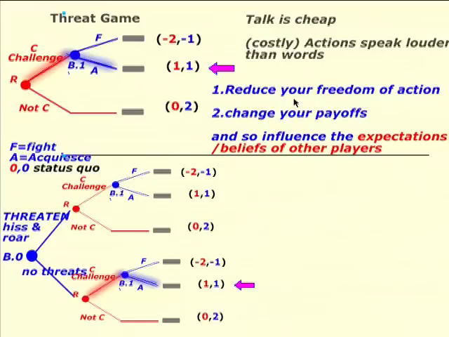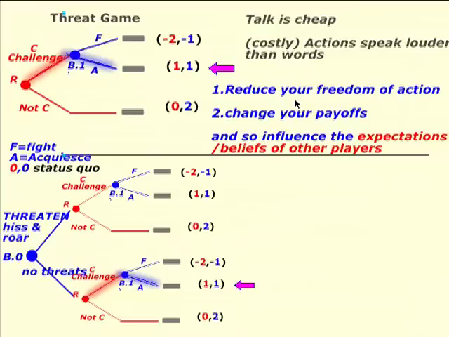Now, the two key ideas, with both threats and promises and these commitments, is you could change the game to reduce your freedom of action. Okay, that would be eliminating some moves in the game. Or you could change the payoffs in the game, particularly your own payoffs. Okay, and we'll see why that's necessary.